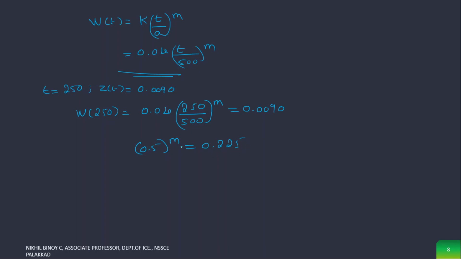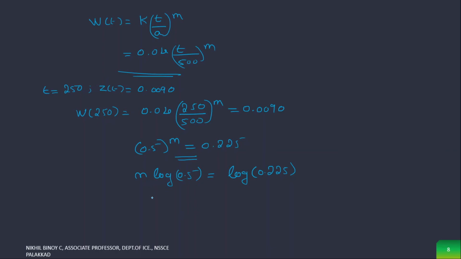Now we can find the value of m analytically or numerically. This one is very easy to find using the analytical method. What we have to do? Apply logarithm. By applying logarithm, we have m log 0.5 equal to log 0.225.